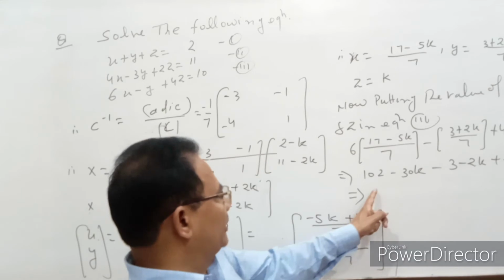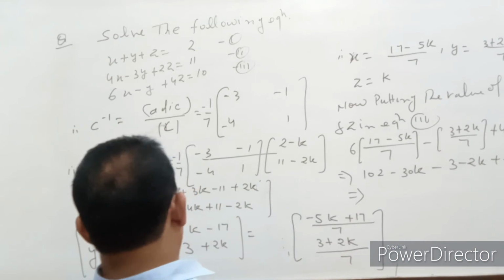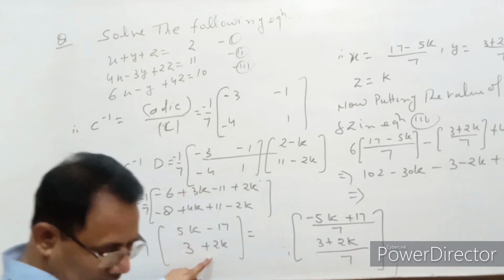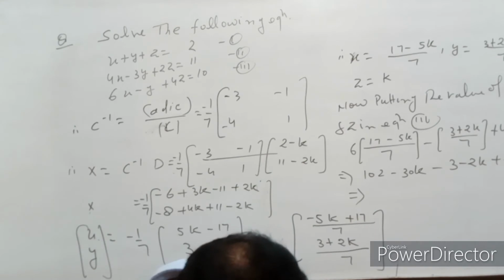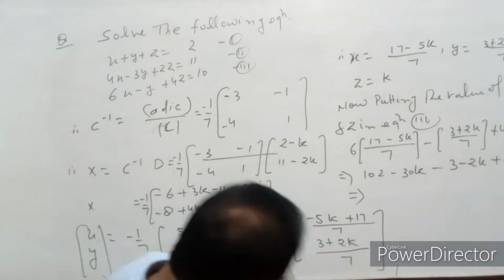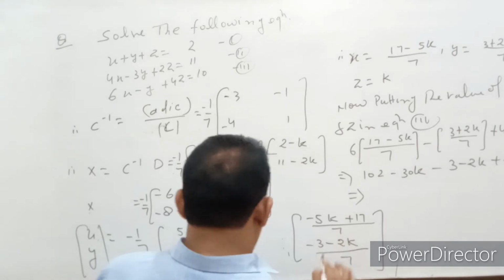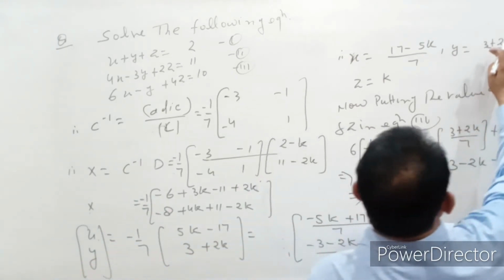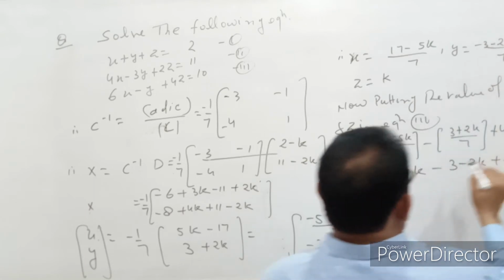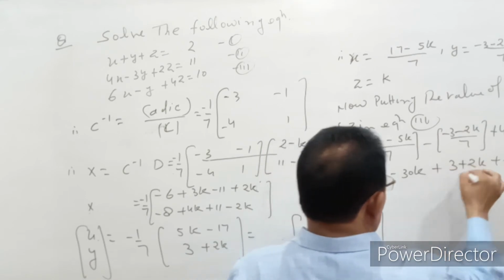This implies that 102, minus 3k and minus 2k, that is minus 3k minus 3 minus 2k, that is plus 2k.